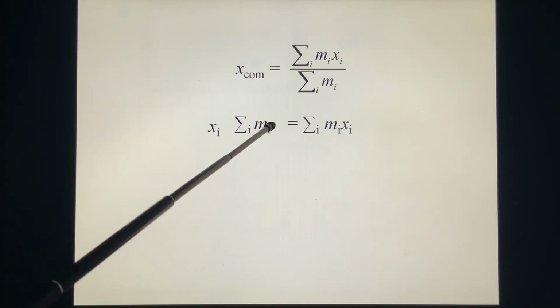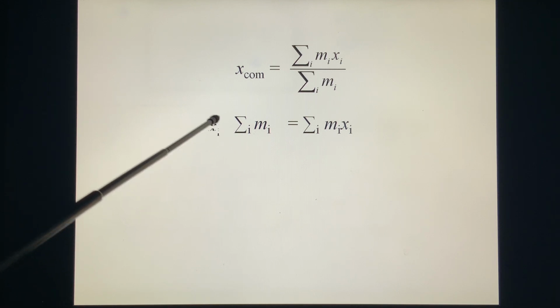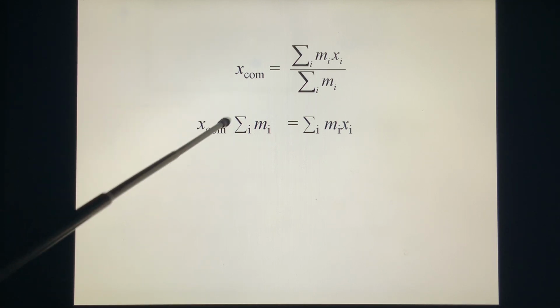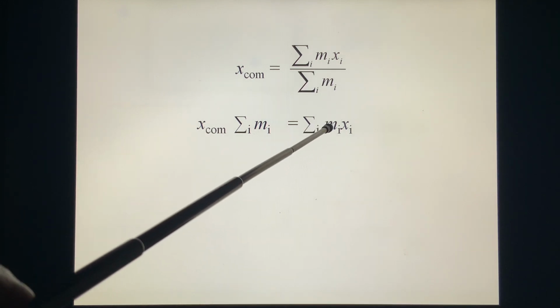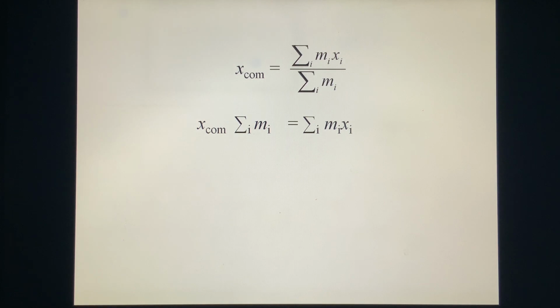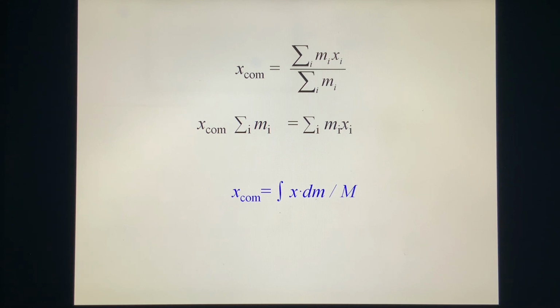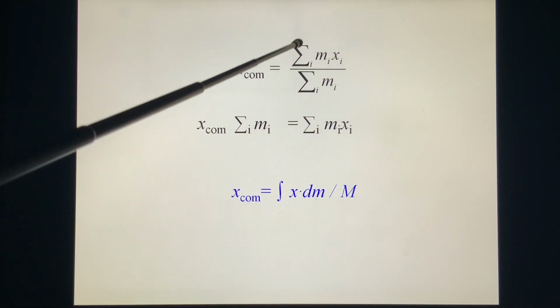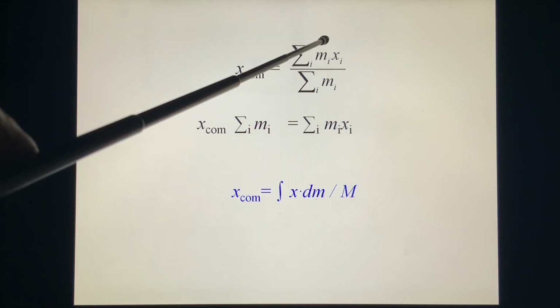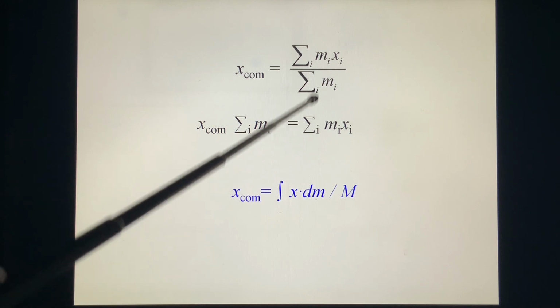Inside is 1, 2, 3, 4. Out, you don't have a sigma, so I change this one to x. You see that x equals sigma mi xi over sigma mi. Exactly the same thing. And then we extend to the integration, where mi is replaced by dm, x, and sigma mi is big M.